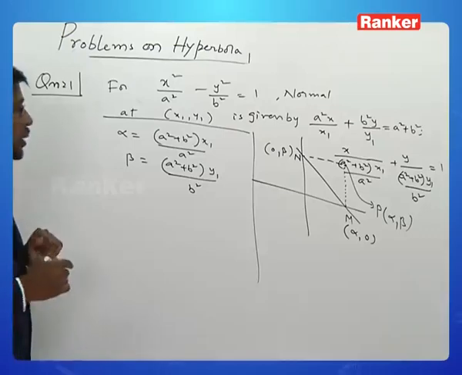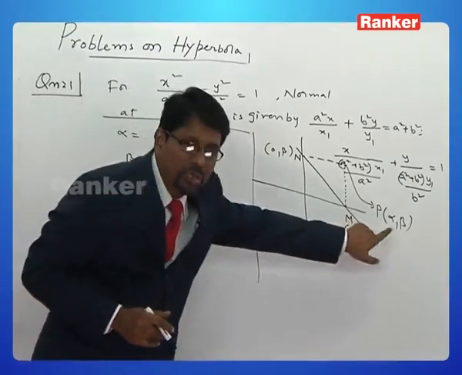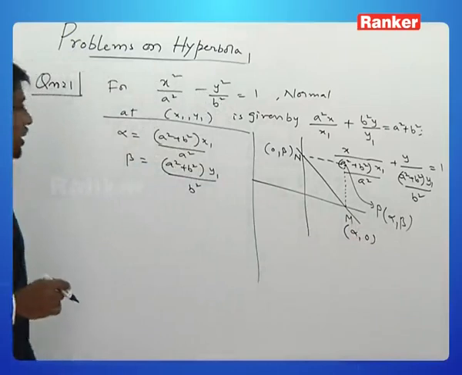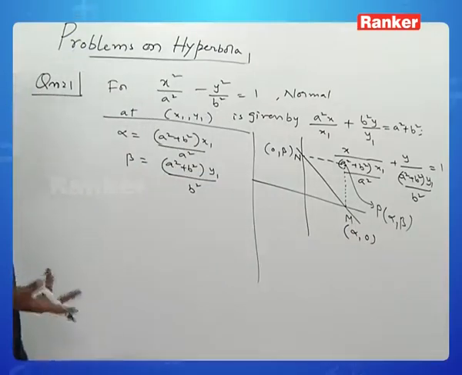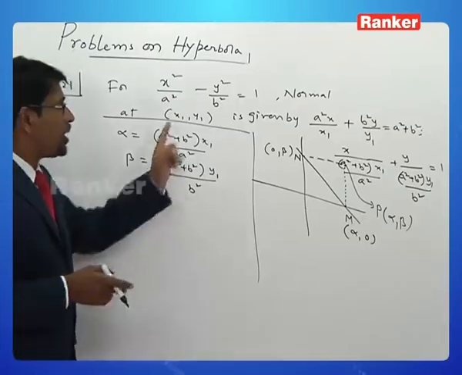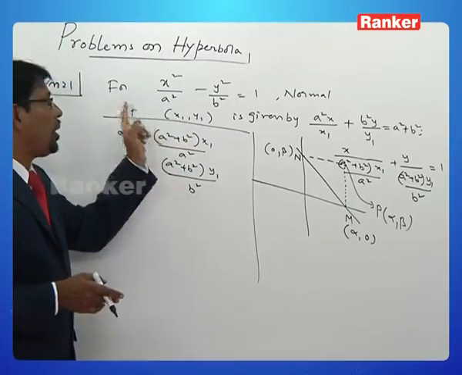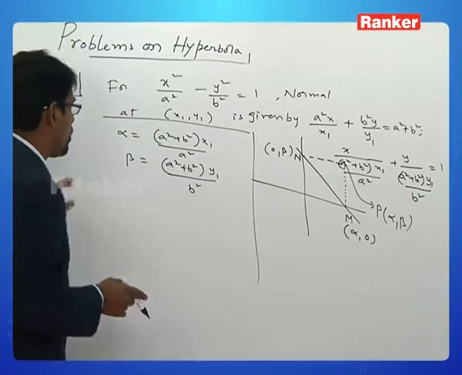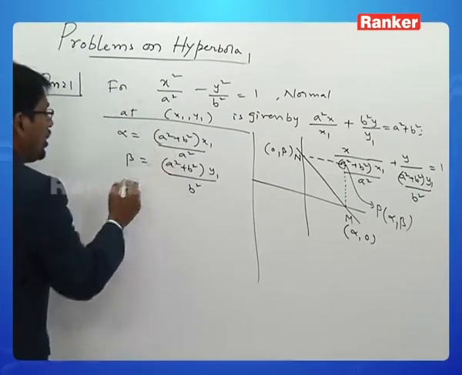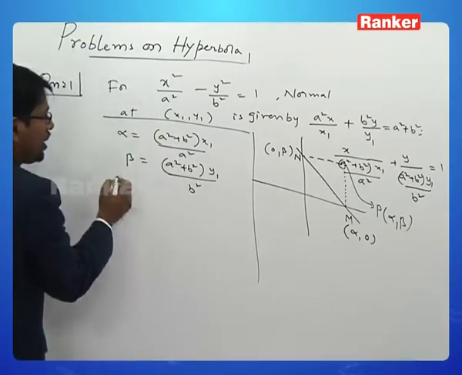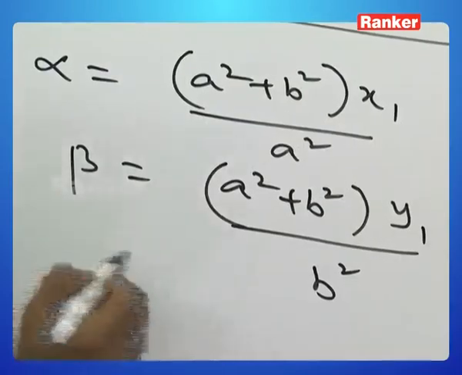Now we are interested in the locus of this point alpha comma beta. Okay, but then what do we know about x1 and y1? x1 comma y1 is a point on the hyperbola. So from here we can write the value of x1.